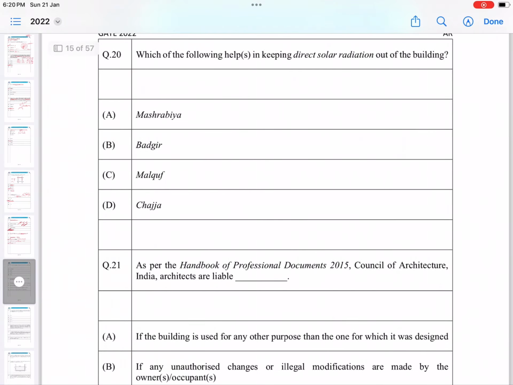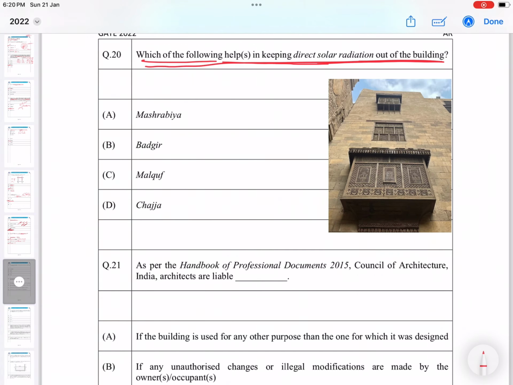Now moving on to question number 20. Which of the following helps in keeping direct solar radiation out of the building? Which of the following devices are used for keeping direct solar radiation outside of the building? We know that Badgir and Malqaf, these two are wind catchers, so these are not devices to keep out solar radiation. So the answer is A, Mashrabiya.